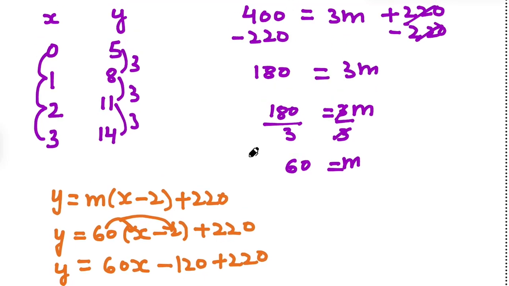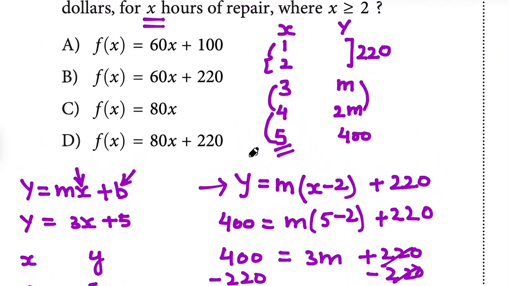So let's go to options. Okay, A is the correct option, right? If I use this one, y is equal to f(x) is equal to 60x plus 220, somewhere I am trying to say that this 220 is the initial value when x is 0, right? So that is not the case. When x is 1 and 2, this is 220.